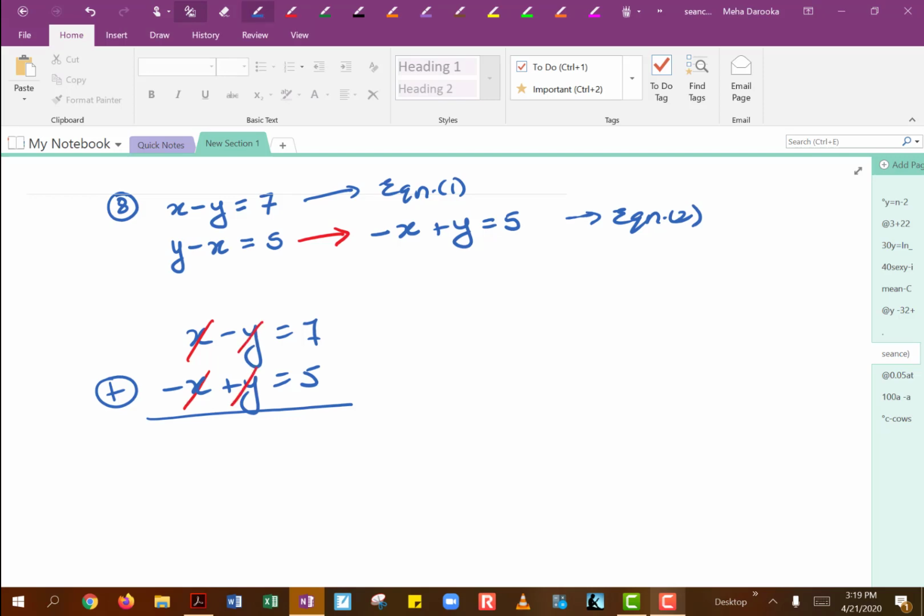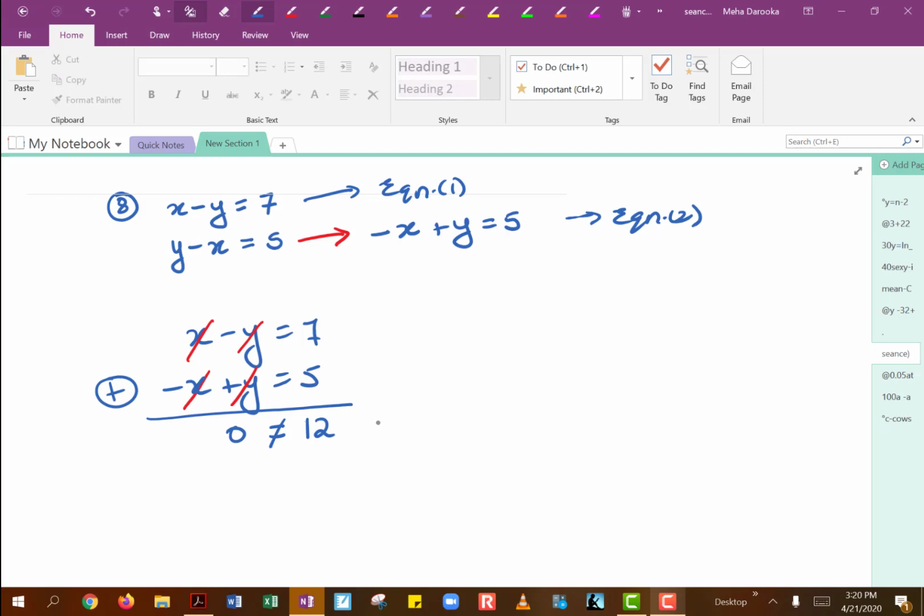So since both my x and y variables canceled out, I will get a 0 on the left hand side. And when I add 7 and 5, I will of course end up getting 12. Now as you can see, both our x and y variables canceled out. I have 0 equals 12, which is obviously not true.